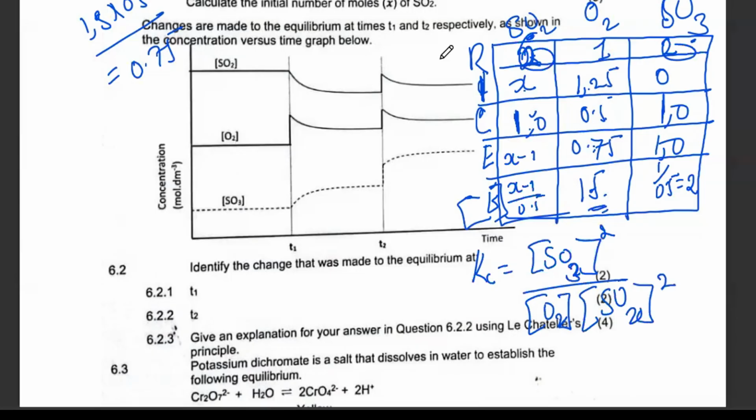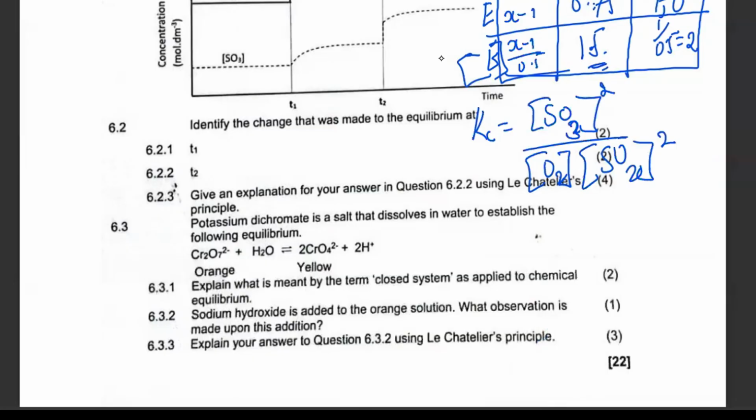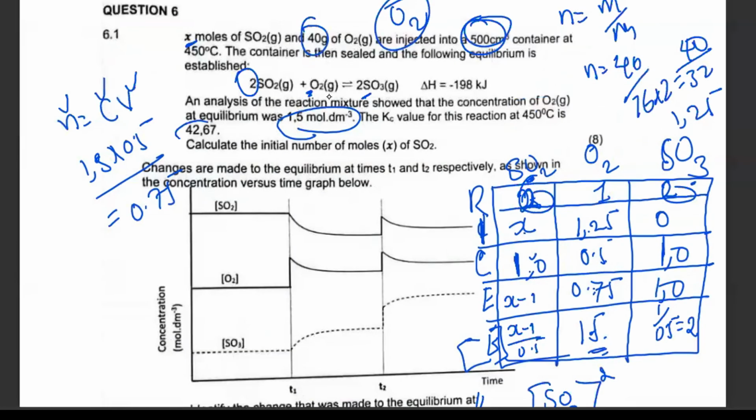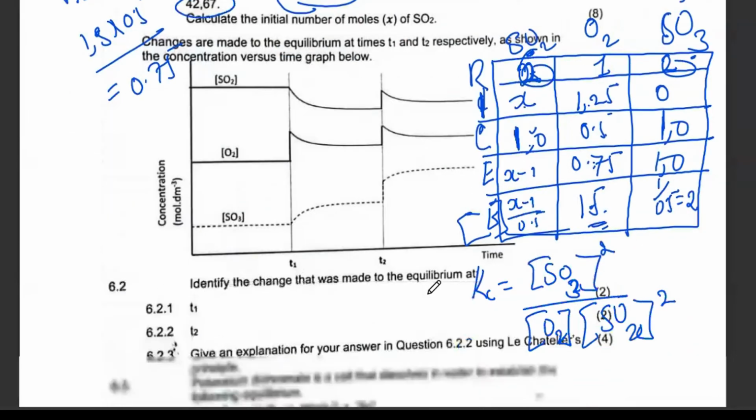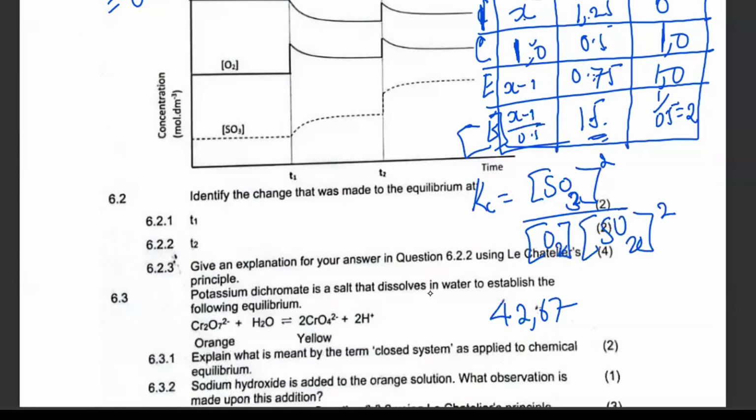Now I replace here with 2.67, that is the Kc they gave us, and I equate it to this: sulfur trioxide is 2 squared, divided by this x minus 1 over 0.5, and then in 2 brackets of this, which is 1.5.